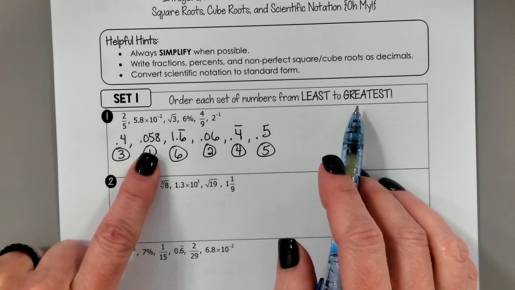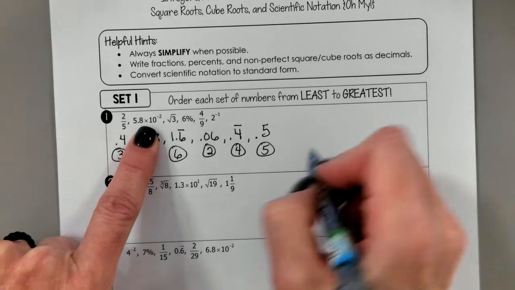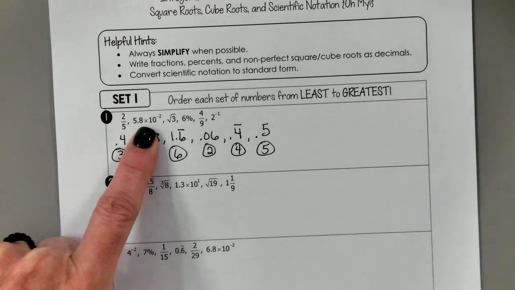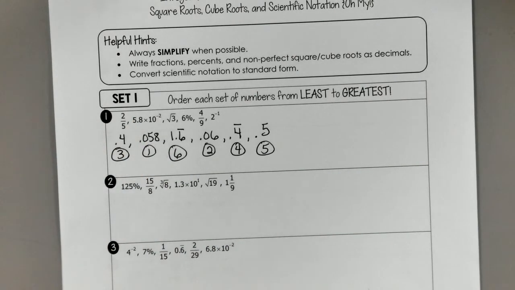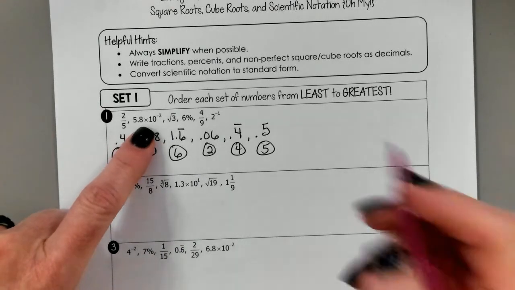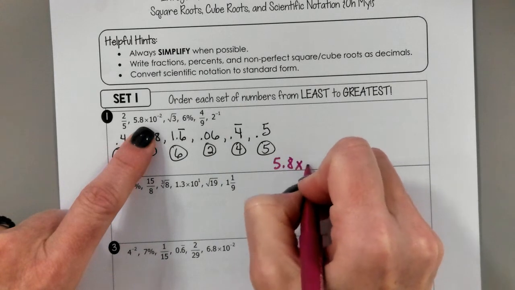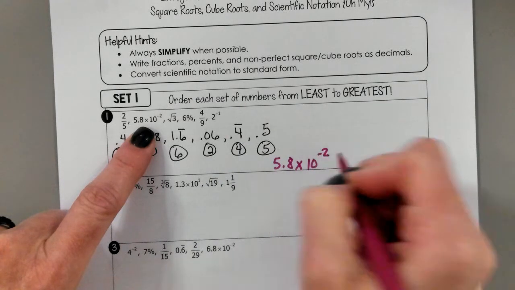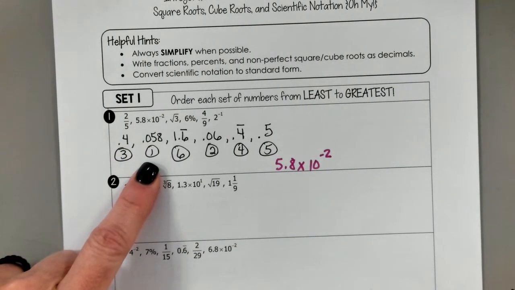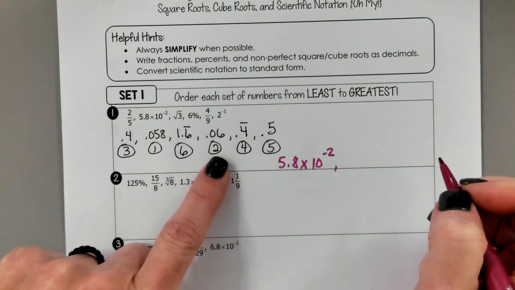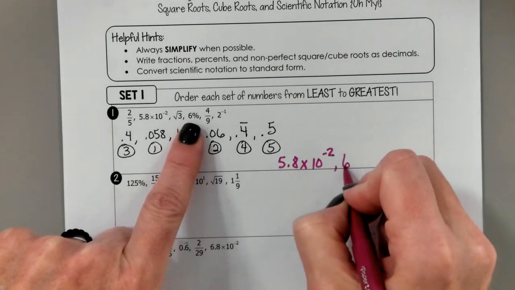So we said our least number was the 0.058, so I'm going to write it down. I'll use a different color so you can see what I'm doing. I need to write it down in the original form. So 5.8 times 10 to the negative 2 was my first number. My second number was the 6%.